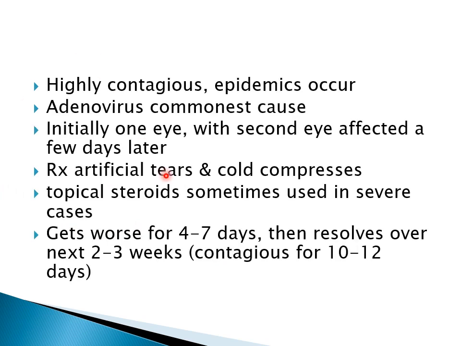Viral conjunctivitis is highly contagious and can occur in epidemics. Adenovirus is the commonest cause. One eye might be involved at the beginning, then the second eye might be involved later.